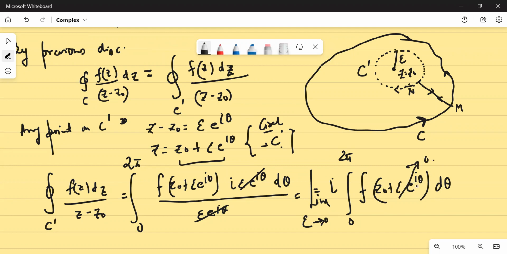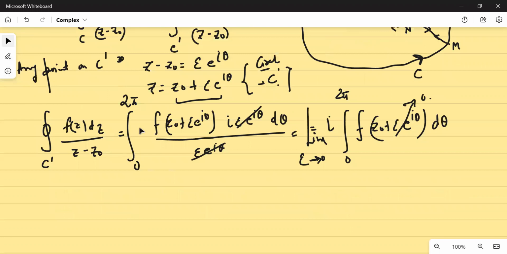And when epsilon tends to 0, this entire thing will turn towards z naught, and you are left with only one thing, iota into f(z naught) d theta. Understand my point. Why can I do this? Because at z equal to z naught, your function f is analytic. However, f(z) upon z minus z naught was not analytic.